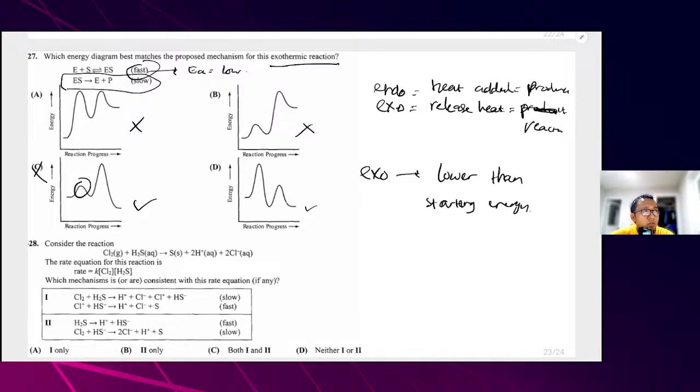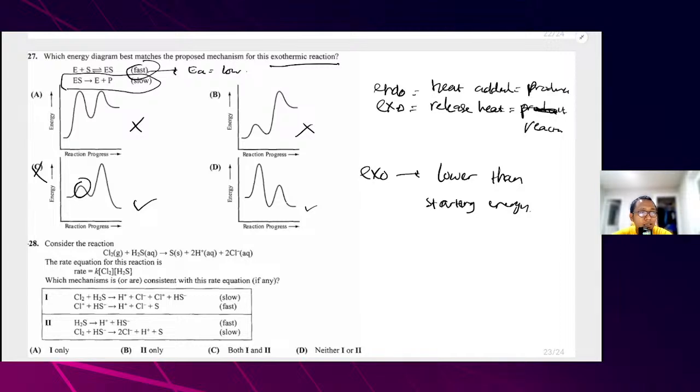So exo is outside, exit. Heat goes out of the system, right? Yes. So energy will be lower. Reactants have more stored energy. As the reaction happens, the energy is released.